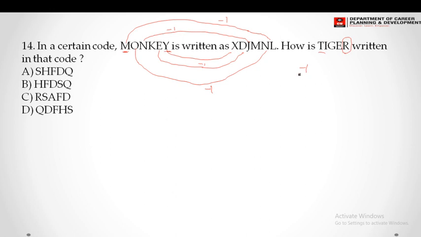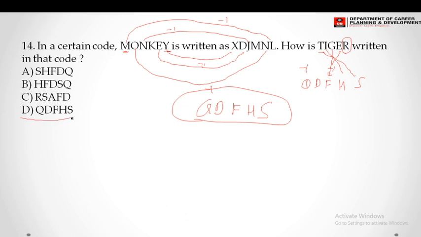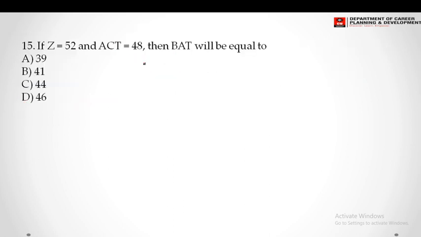So when R is minus 1, we can write Q. Then E minus 1 is D. Then G minus 1 is F. Then I minus 1 is H. Then T minus 1 is S. So the answer is Q, D, F, H, S. So option D is the correct one for this question 14. So Q, D, F, H, S.